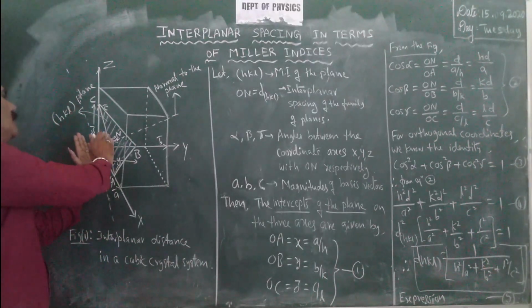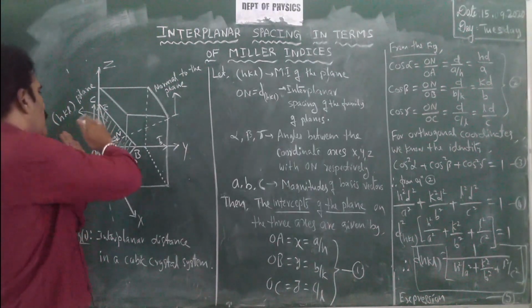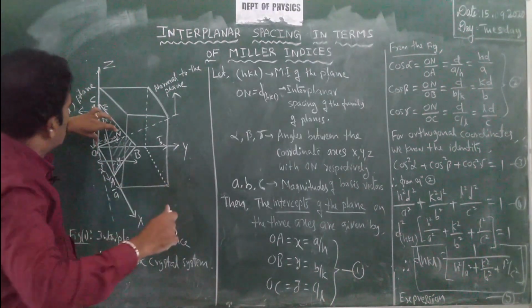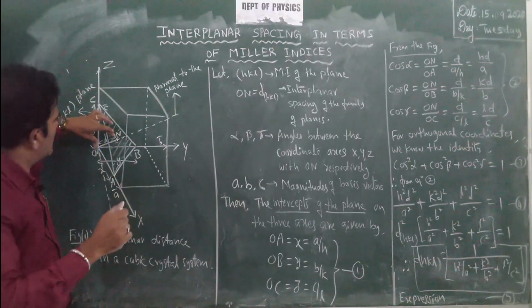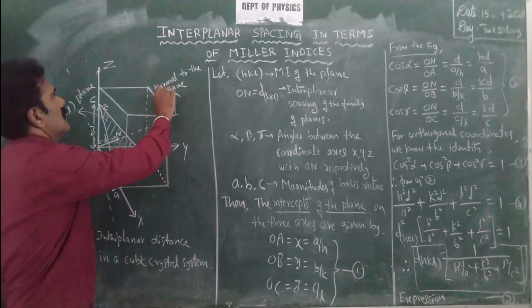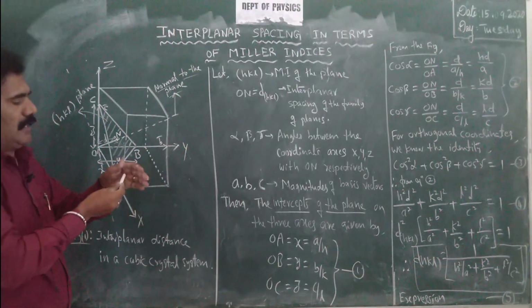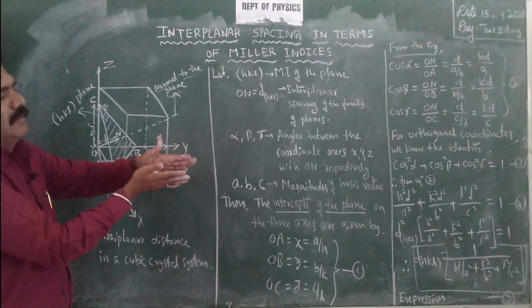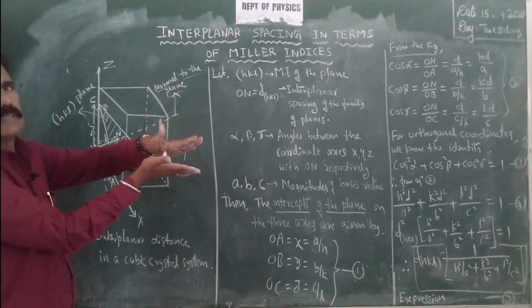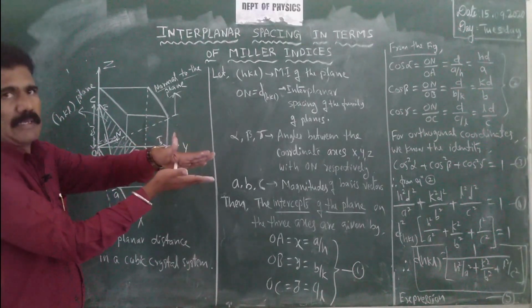So there are two planes lying one below the other, so that the interplanar spacing can be represented now as ON, because this is the line drawn normal to the plane. If you draw a line normal to the plane, then the interplanar spacing looks like this, isn't it? Exactly the perpendicular distance between the two planes, correct?